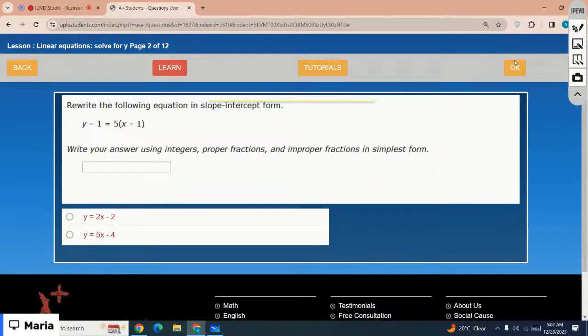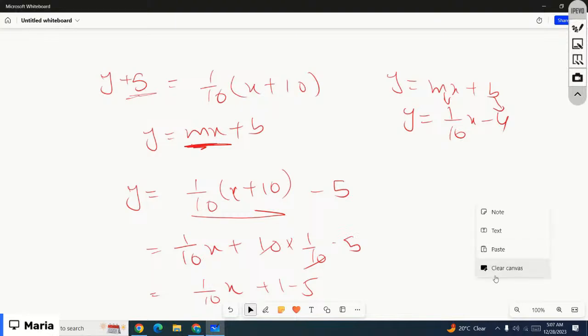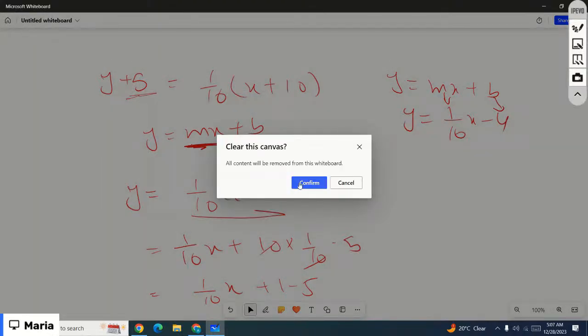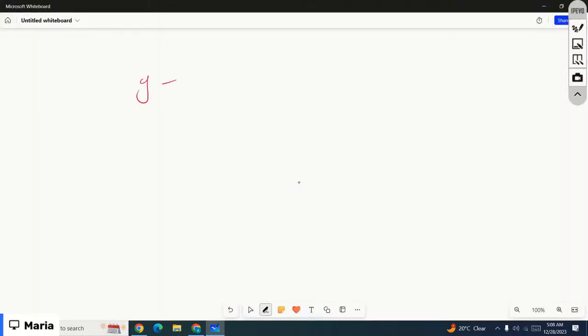Okay, the next one is y minus 1 equals 5 times x minus 1. So you have to isolate the variable y, move negative 1 to the other side, so it would be positive 1, right?